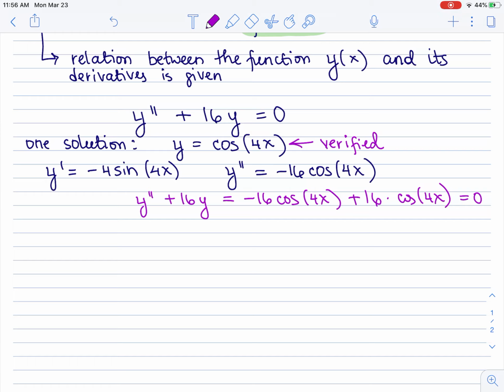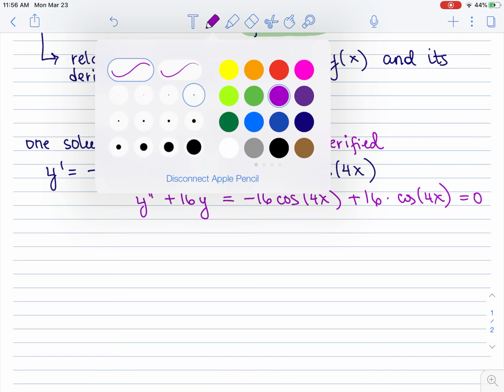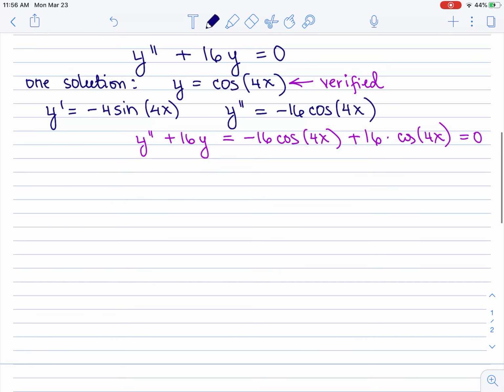So the idea is you have some sort of relation between y, the unknown function, and its derivatives. We need to find the function or whole family of functions that satisfies this equation. So let's talk about a couple of terms when it comes to differential equations.